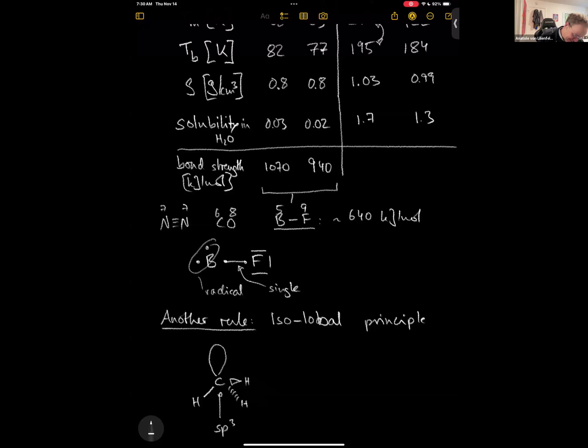You would have a free sp3 orbital with just one electron sitting in there, right?